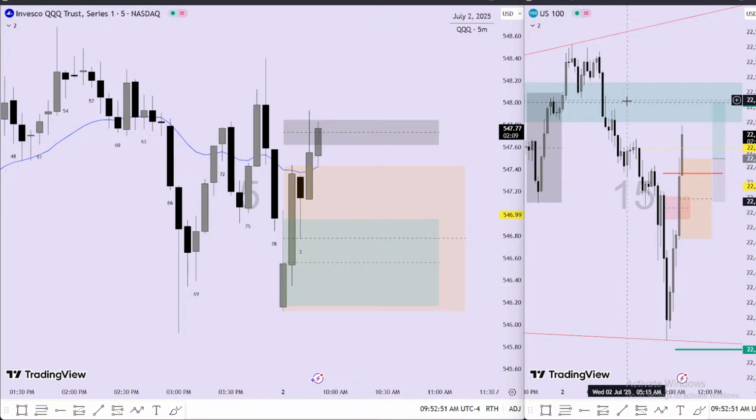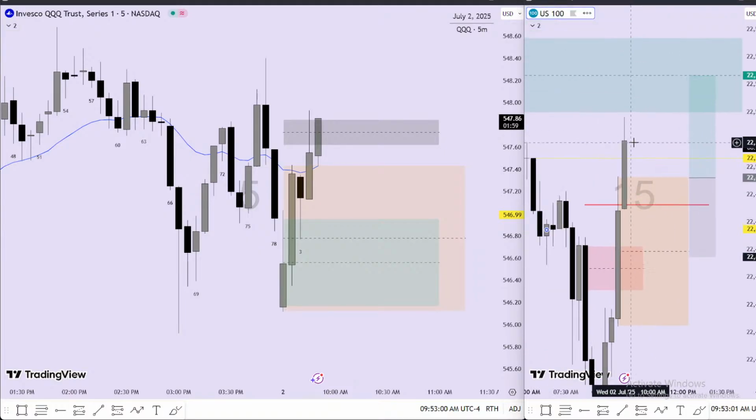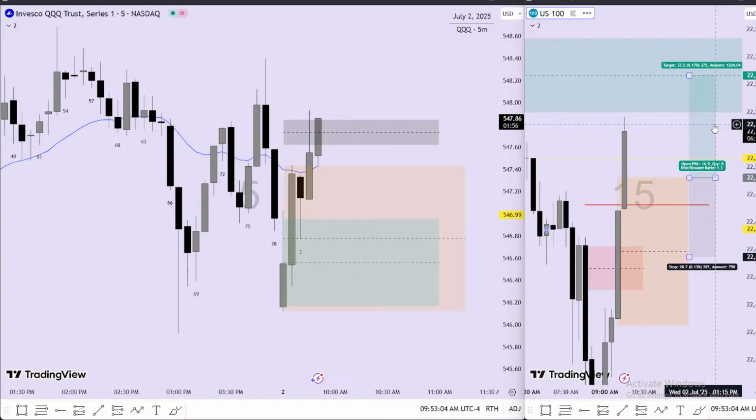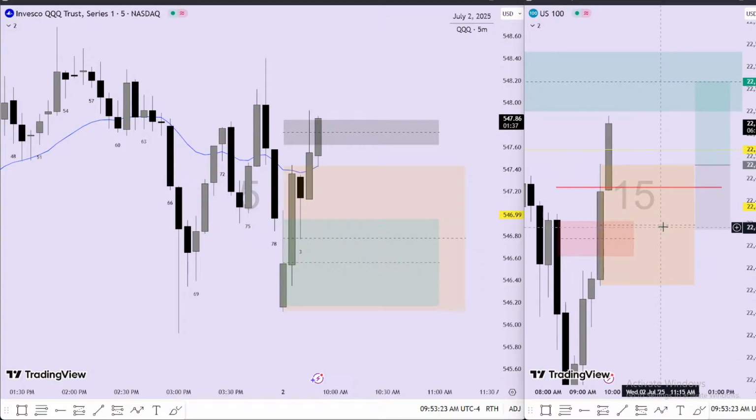Back inside the Asian range. Six minutes till the first 30 minutes is going to close.